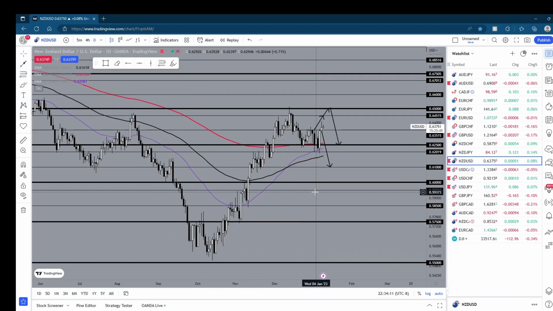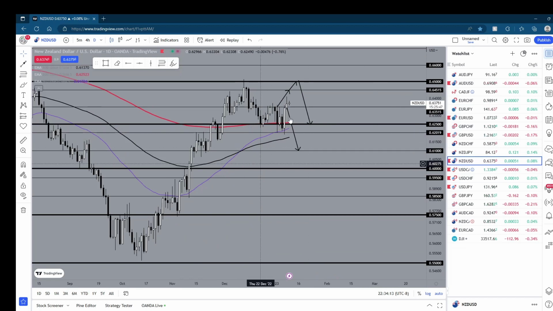New Zealand USD also in a downtrend. Those are our scenarios. From here to here, if it goes past this one and reaches this one, then we can look for it to go from this black line, the 0.6450, down to this one. And if it crosses the 0.6450 and hits 0.6500, then down to this one.